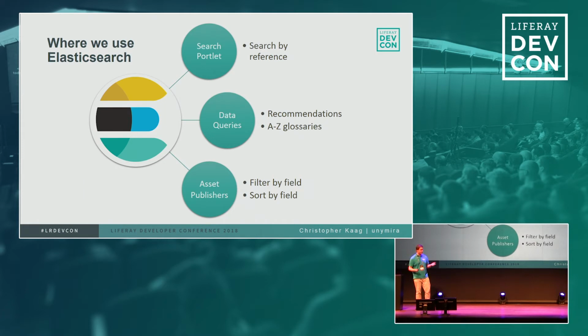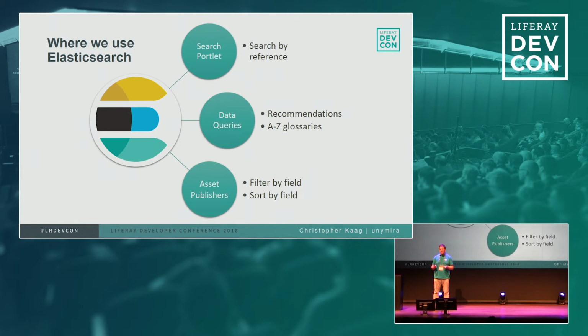For example, we have this need for A to C glossaries, which take a lot of articles on a specific structure, and you want to show, for example, in one tab only articles starting with A, and in the next only articles starting with B, and so on. So you can extract the first letter, write it into the Elasticsearch index, and the asset publisher can be configured to be only reading this new field.